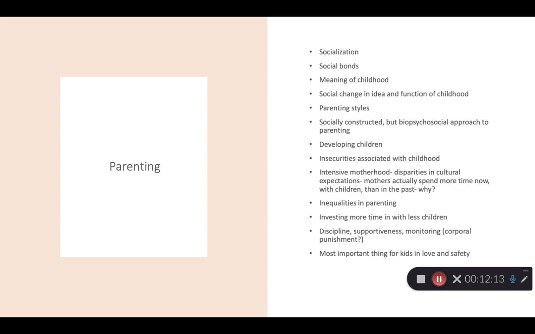Parenting, you can take a functionalist perspective and talk about what's the purpose, what's the function of having a family, what's the purpose of parents taking on these roles. And again, it serves the needs of the children. One is socialization. So all of us are socialized into a culture, into a common way of life by agents of socialization, and our family are primary socializers, primary agents of socialization.